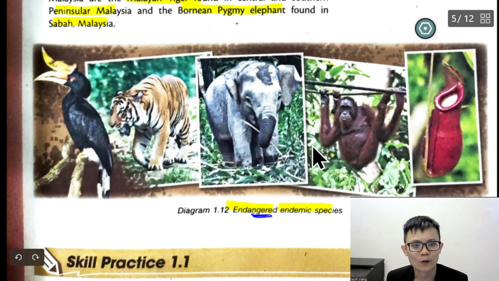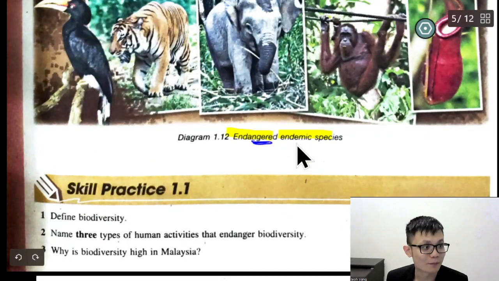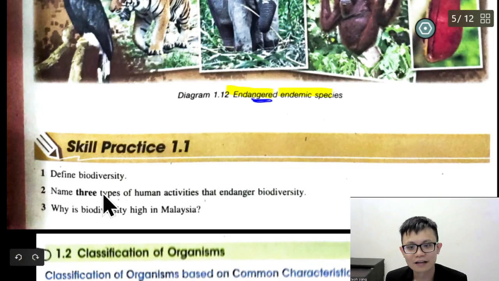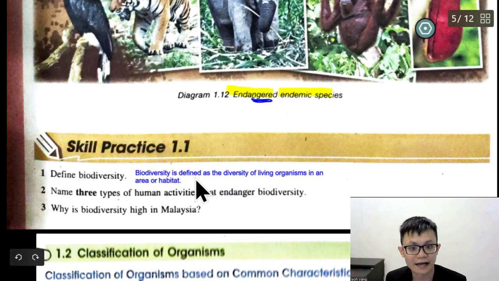Okay, so let's do some exercise. Define biodiversity. Biodiversity is defined as the diversity of living organisms in an area or habitat. Name 3 types of human activity that endanger biodiversity.